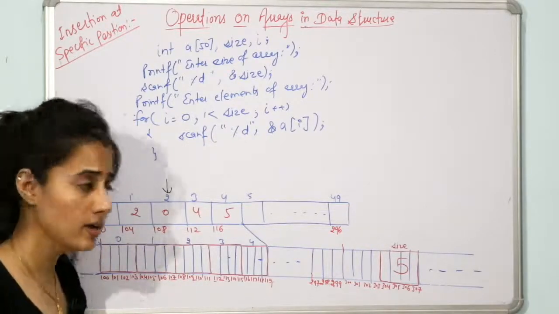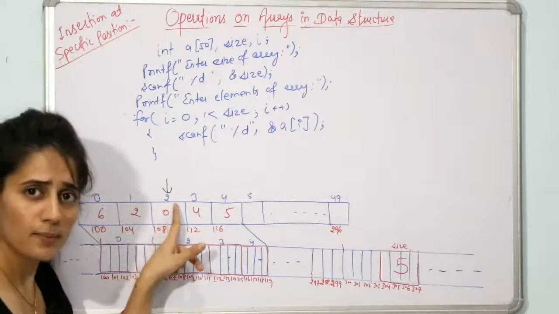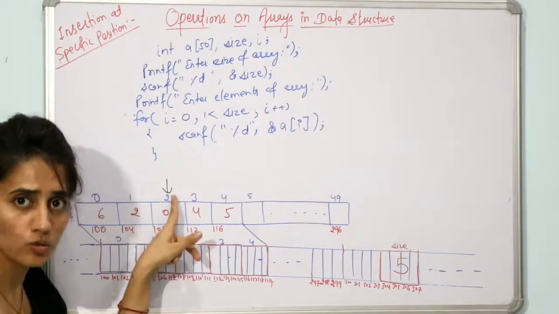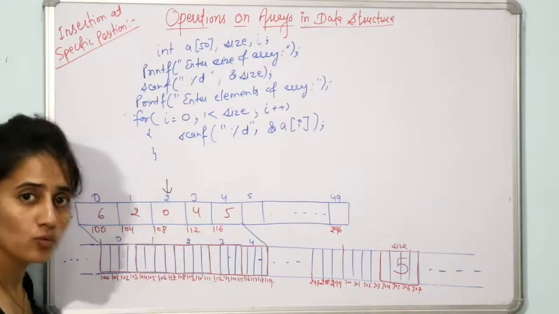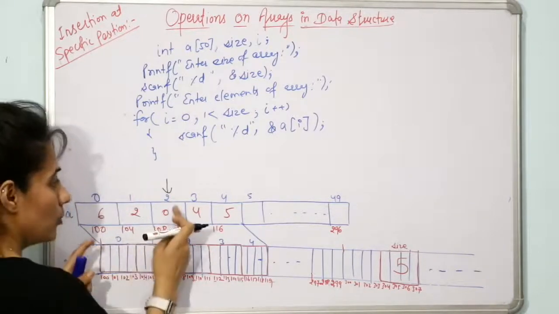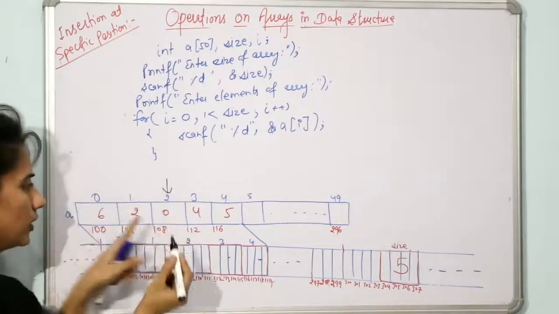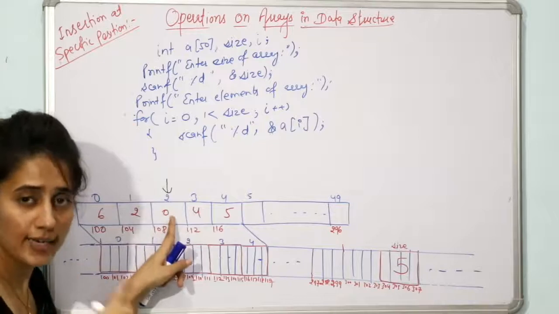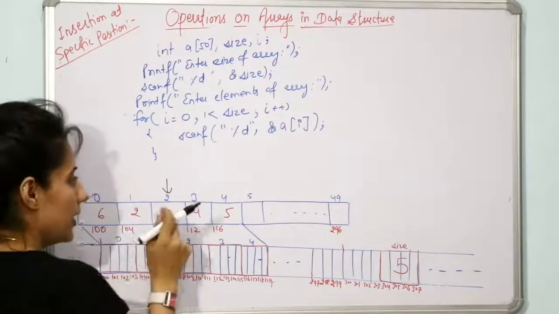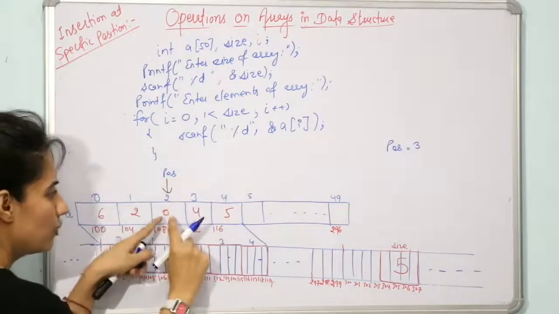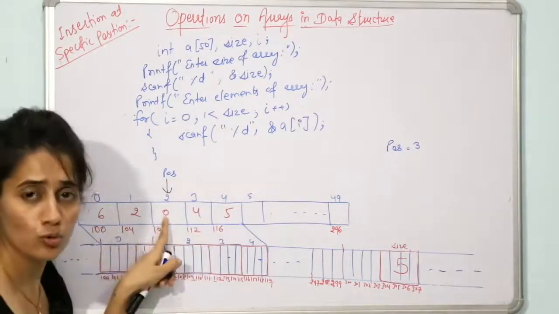Somewhere you find that index is the same as position, somewhere it is written that at position 2 you are going to insert, so index is also 2, but here I am going to consider position is 3rd but index is 2, because as you can see position is 1, 2 and 3, but index is 2. So I am going to insert here. So here I am considering position is equal to 3, here I am going to store the value, here I want to store the value.